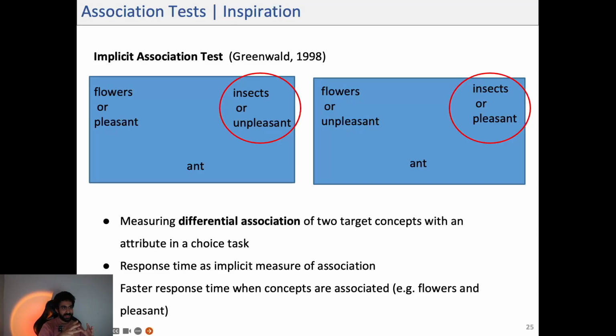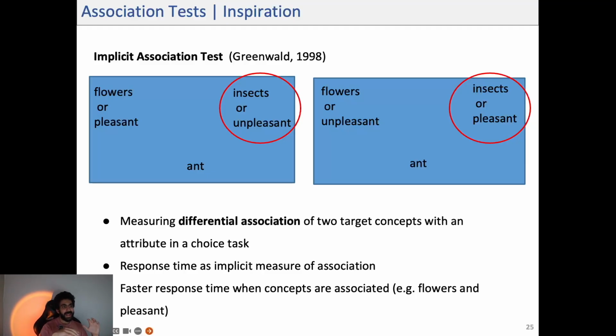So what you're looking at here is the classic implicit association test, or IAT, which was introduced by Greenwald in 1998. It's very simple. People are shown categories like flowers and pleasant on one side, and insects and unpleasant on the other. And then they are asked to classify a word like ant by pressing either the left or right key.